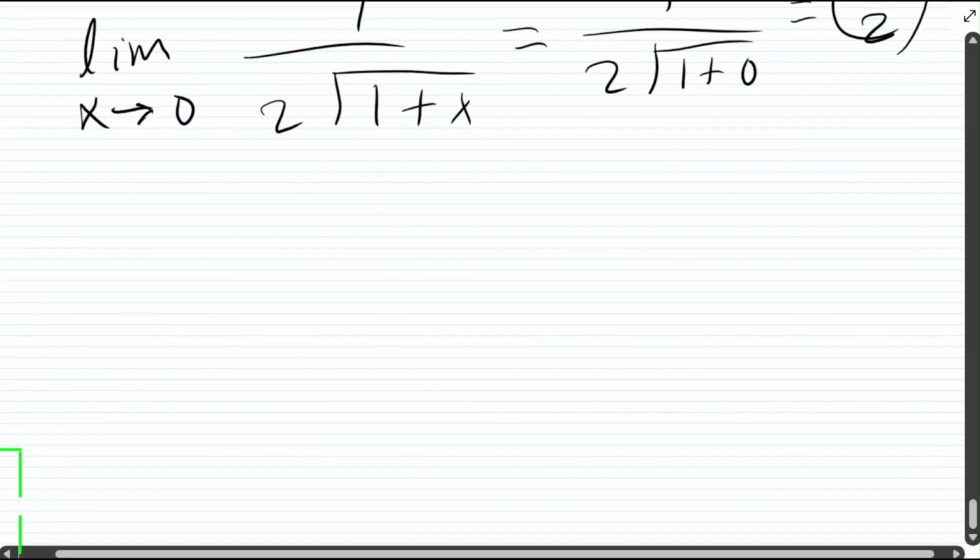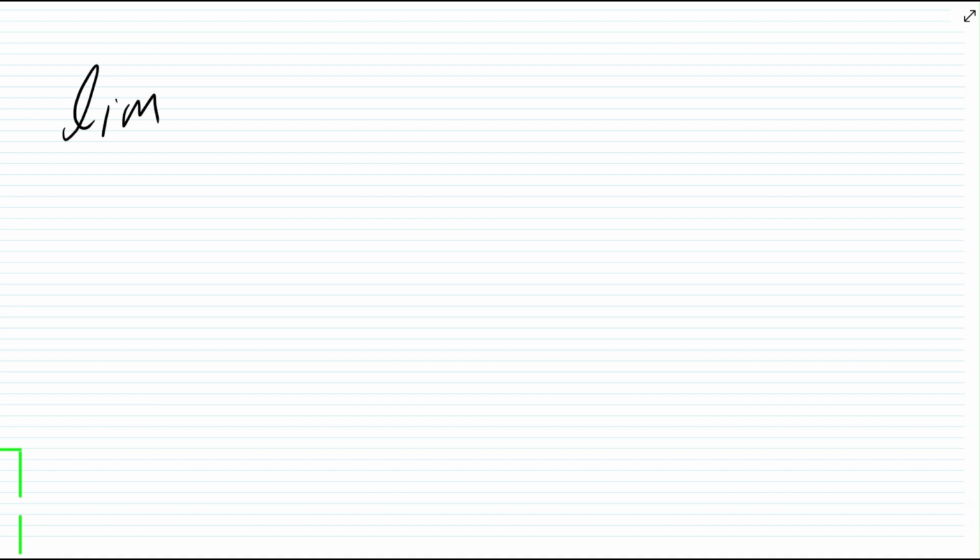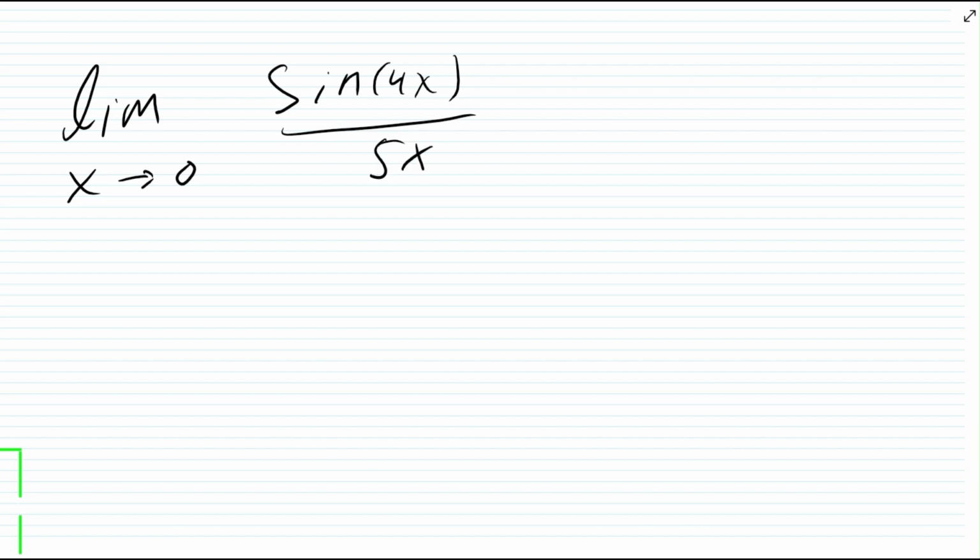So let's say we have a limit as x approaches 0 of sine 4x over 5x. So we are going to differentiate the top and the bottom as well.